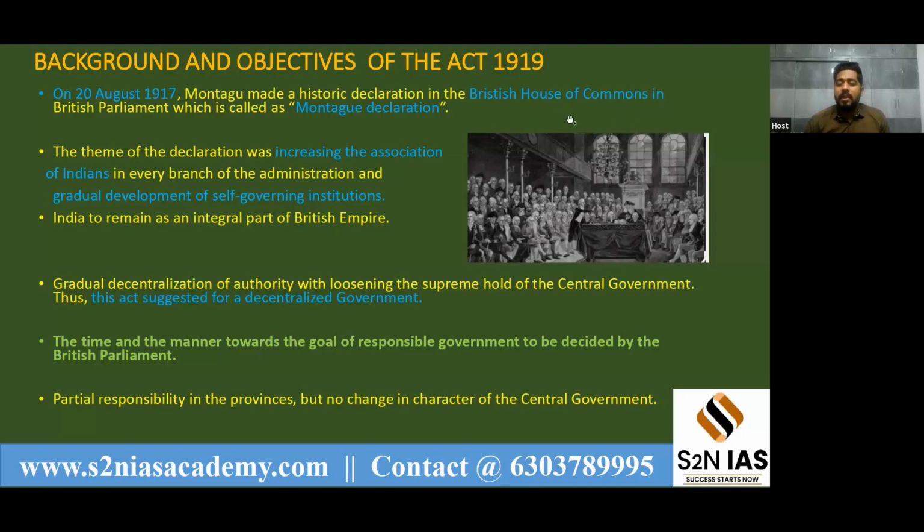The British House of Commons is like the Lok Sabha in India. Montagu opened his declaration on the Montford Reforms. The theme of the declaration was increasing the association of Indians in every branch of the administration and gradual development of self-governing institutions in India.